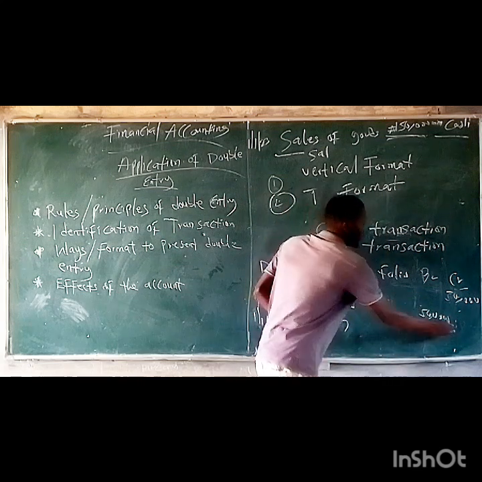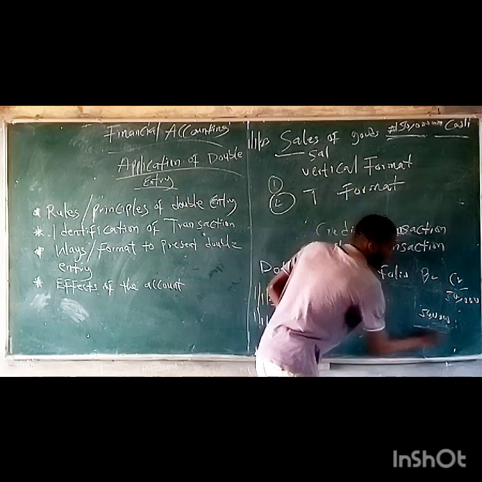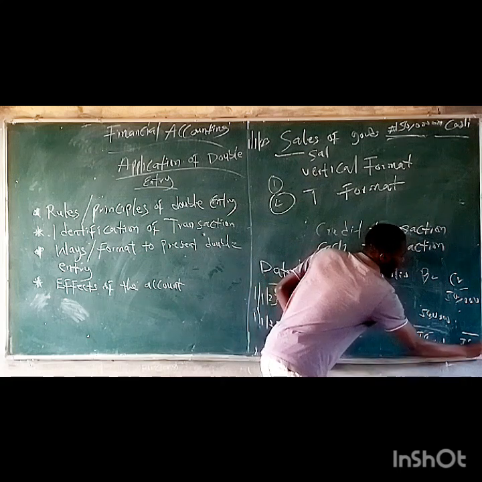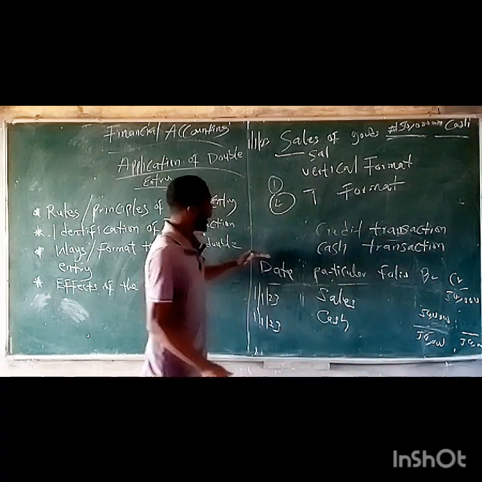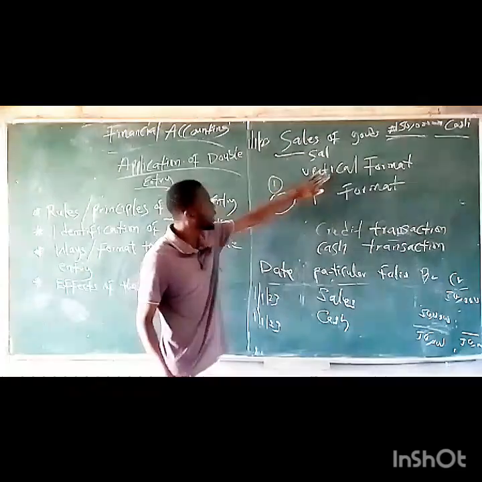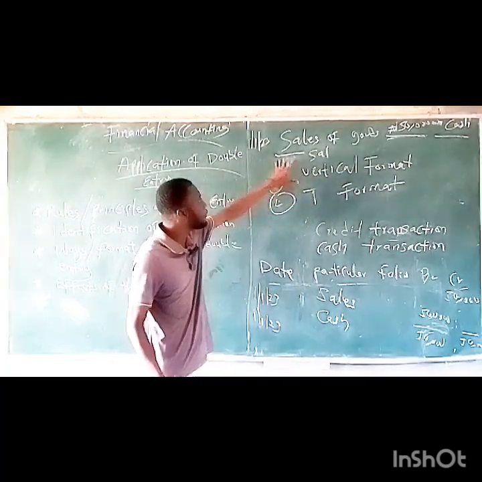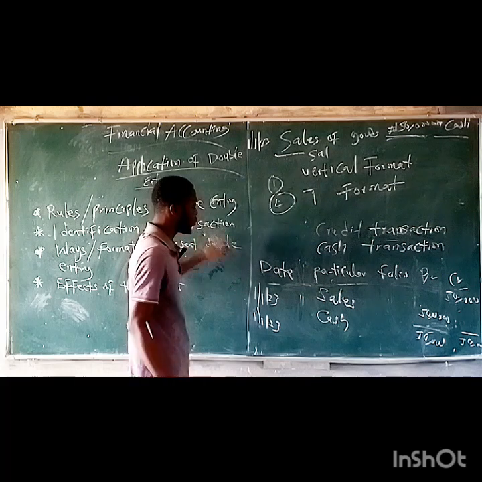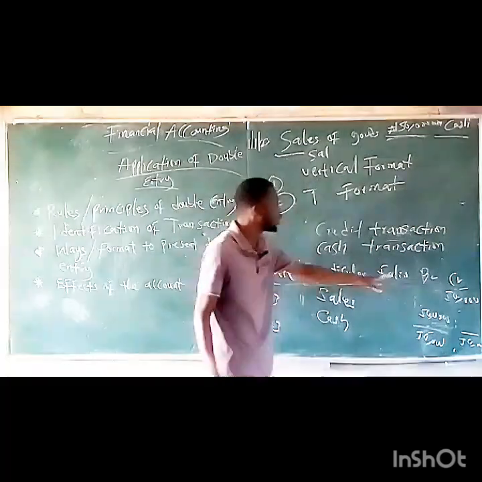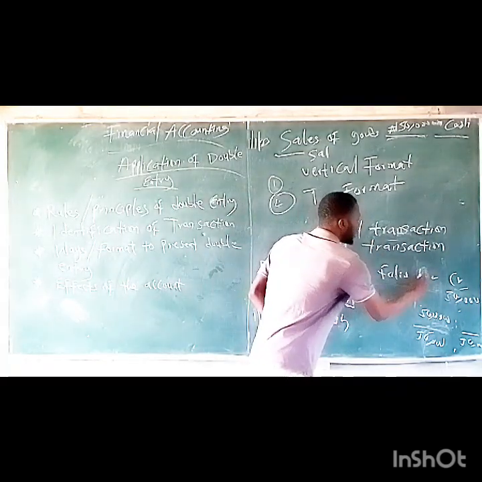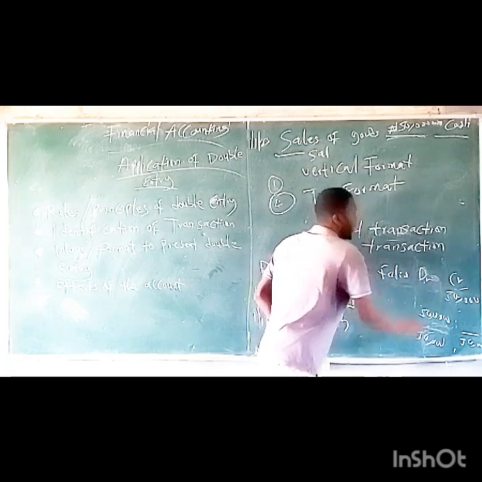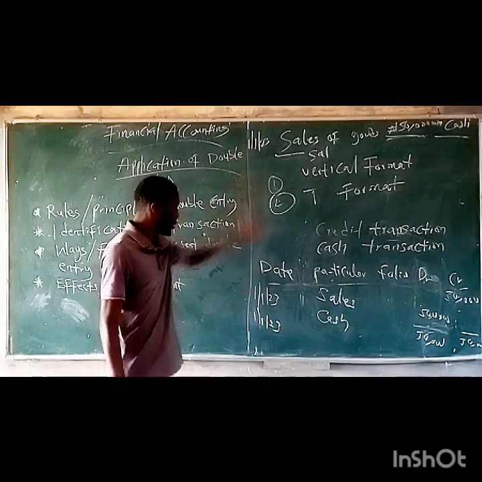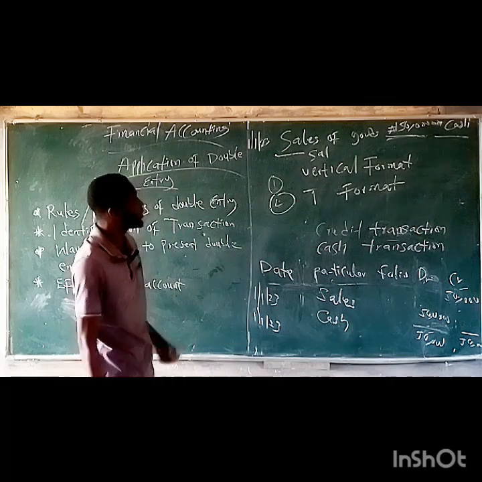Then they will balance. 50,000, then 50,000. Now this is an example of the vertical format when presenting or applying your double entry principle: the date, the particular, the folio, the debit and the credit.